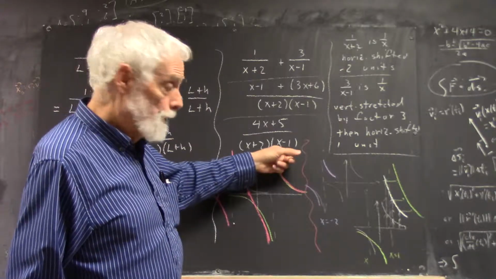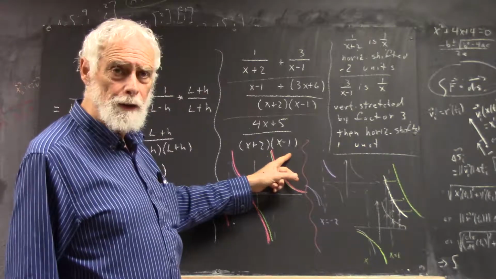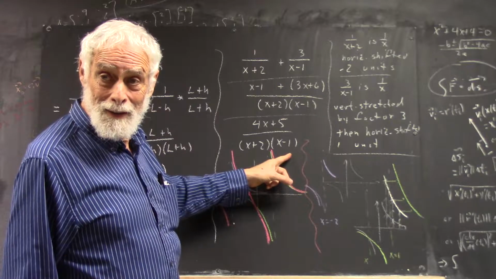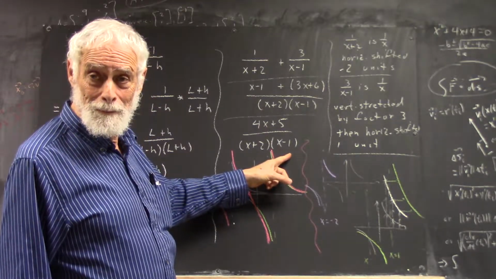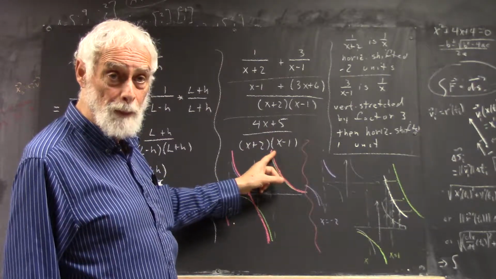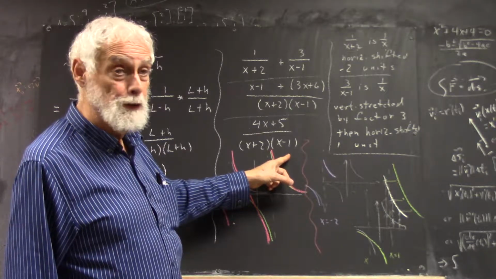Now, if the denominator is 0, what happens if x is real close to 1, but not quite 1? How would you describe the value of your denominator? Well, first of all, if x is really close to 1, what can you say about x minus 1? I think you can say it's really close to 0, right?